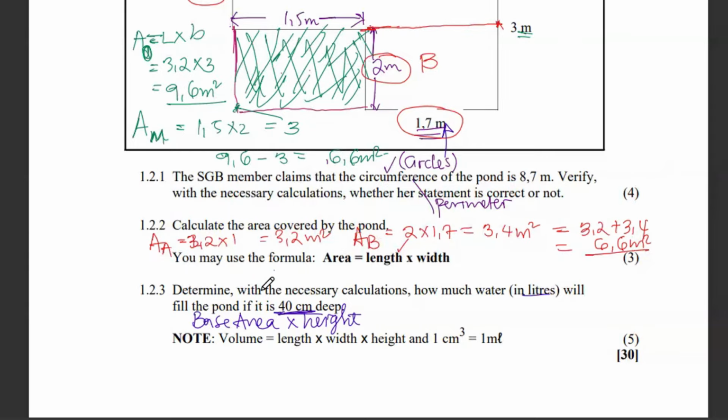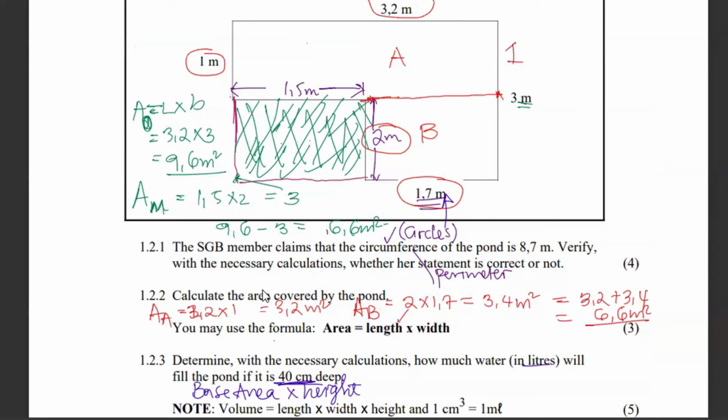When you are converting meters to centimeters, you multiply by 100. So this simply means this is 100 centimeters. This is 320 centimeters. This is 300 centimeters. 1,7 becomes 170 centimeters. The 2, shall we need the 2?